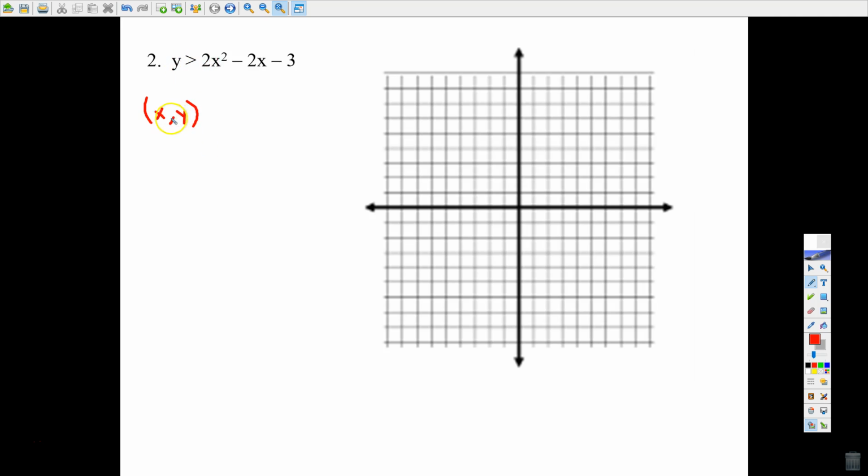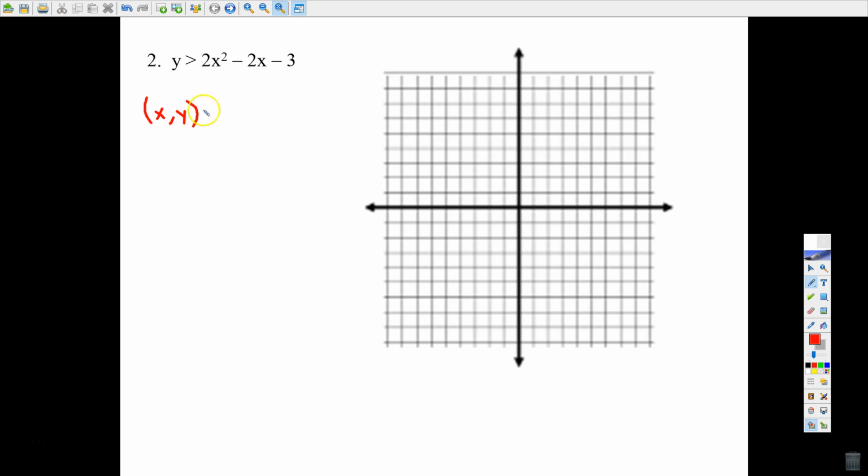The final answer will be shading to represent all of the x, y coordinates. There will be so many that we can't list them all. They go on infinitely in a certain direction. There'll be a certain area.